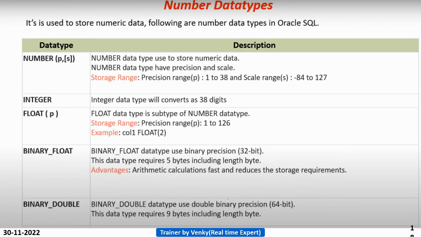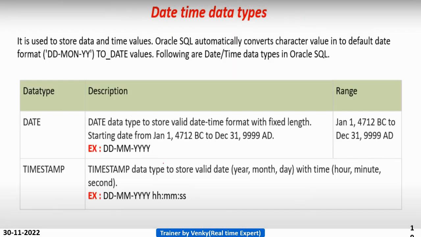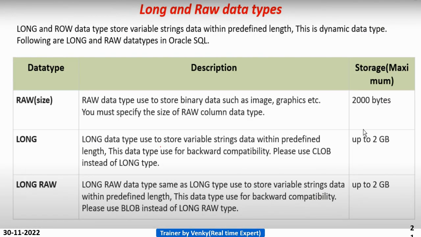If you want to insert more than 4000 bytes of character data, string data, there is one more data type called LOB, large objects data types. We have multiple large objects data types, under which we will get CLOB. But before that, we will see the long data type.